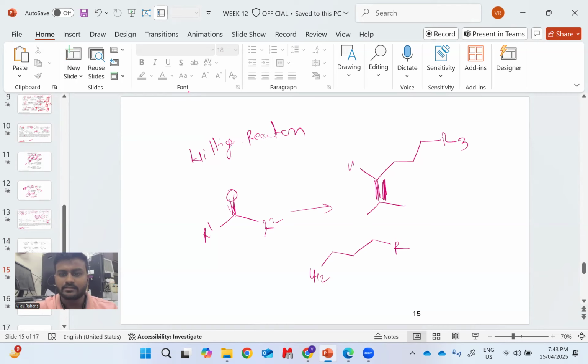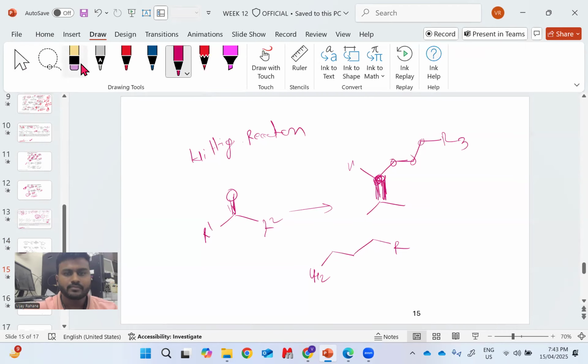So this is the entire CH2, 1, 2, 3, and this is also one center. So basically carbon. Here there is not oxygen, there is obviously a carbon. So this carbon is also a part of this new carbon group.